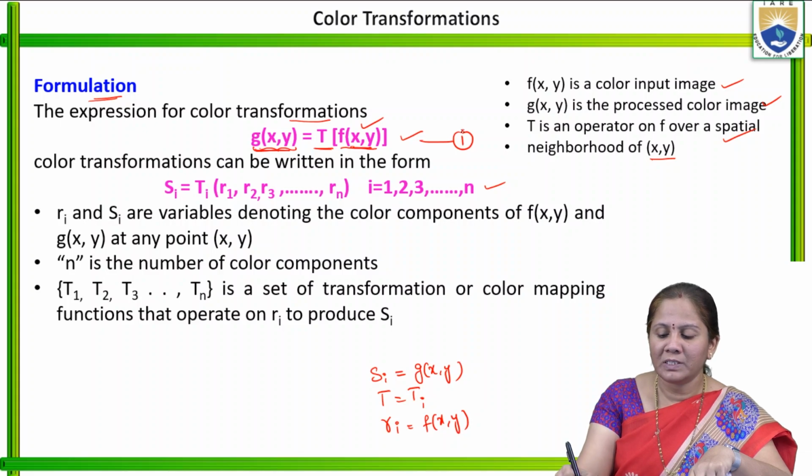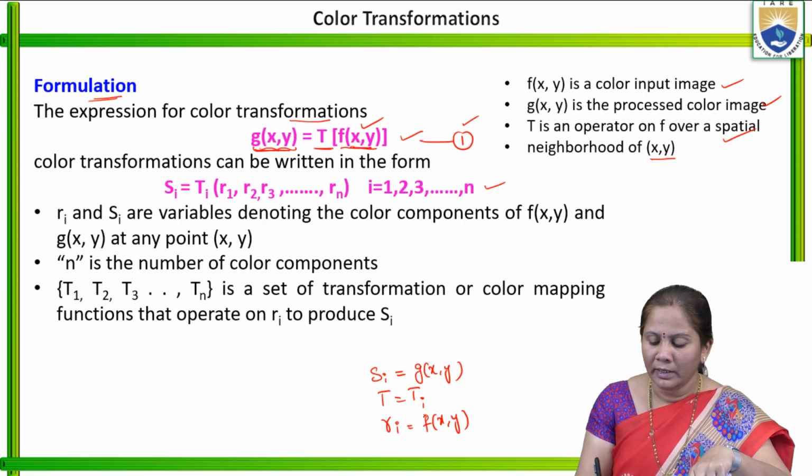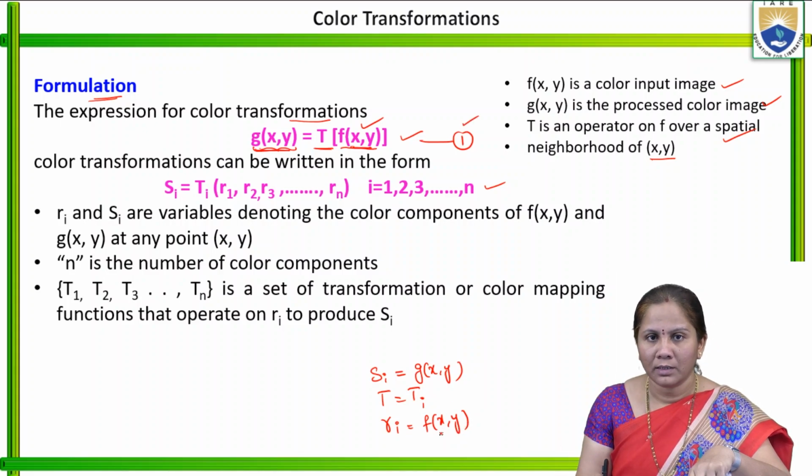As we have specified in the previous equation, f of x comma y is the color input image, g of x comma y is the processed image or color output image, and T is the transform that we are applying to the input image.